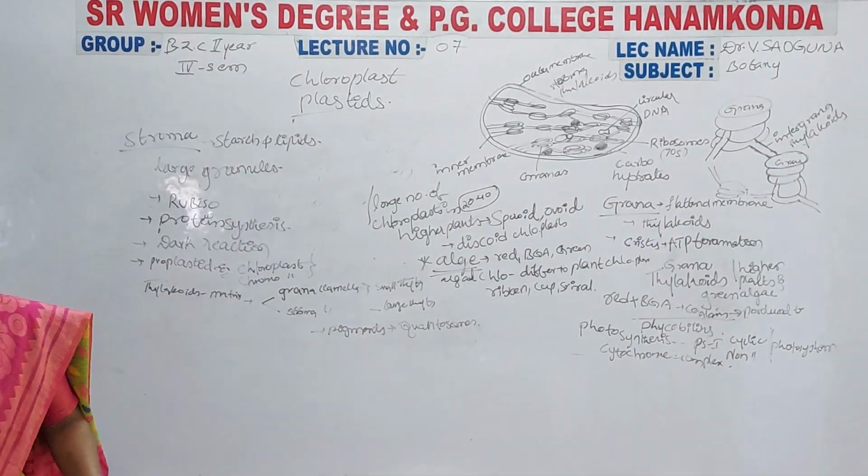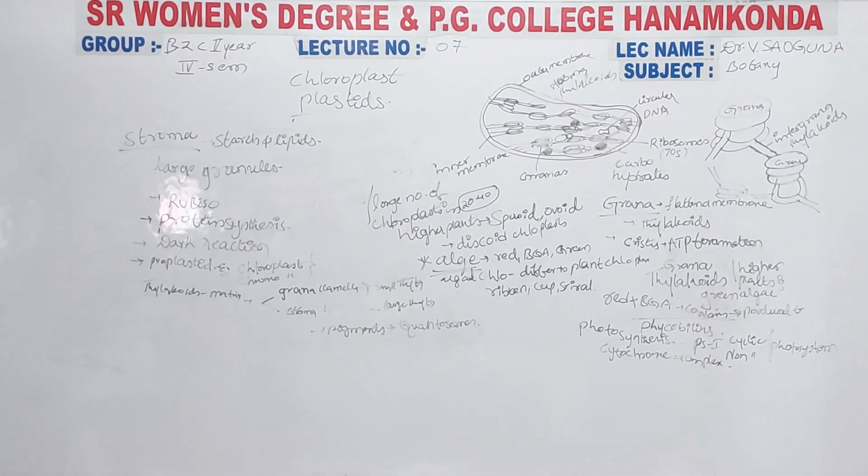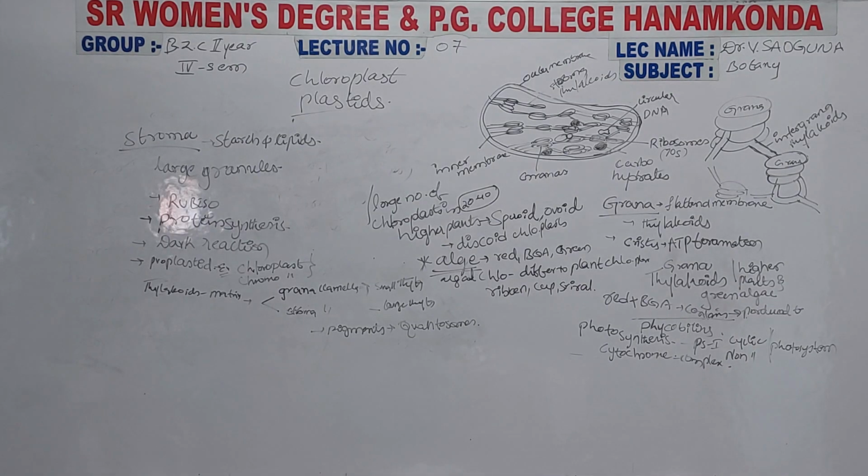Chloroplasts are found in most higher plants, in blue green algae, and in leaves, and autotrophic organisms such as algae also contain chloroplast plastids with different types of pigments.